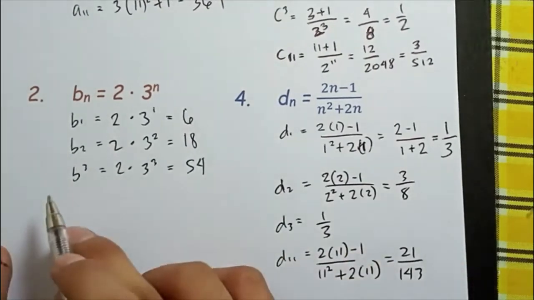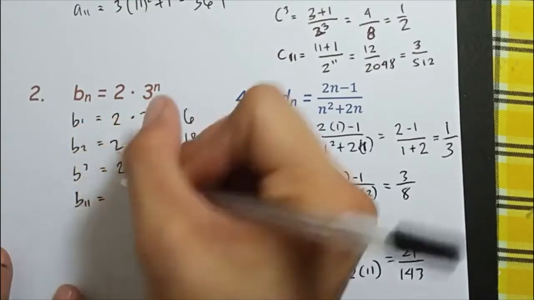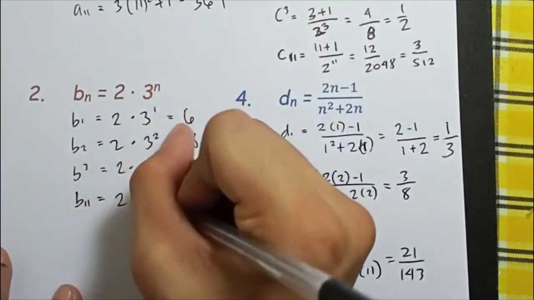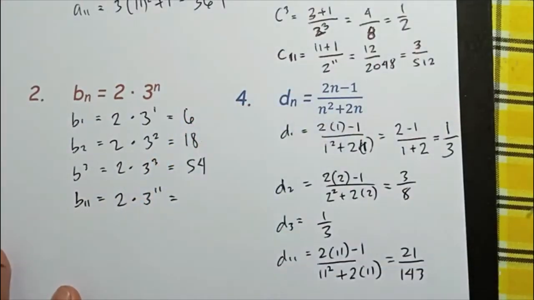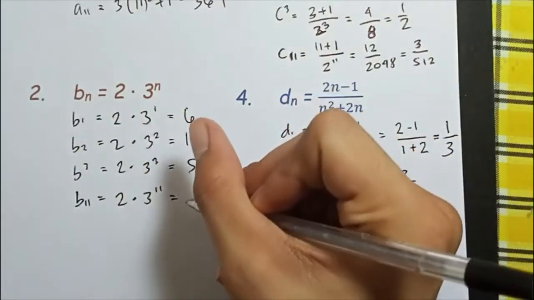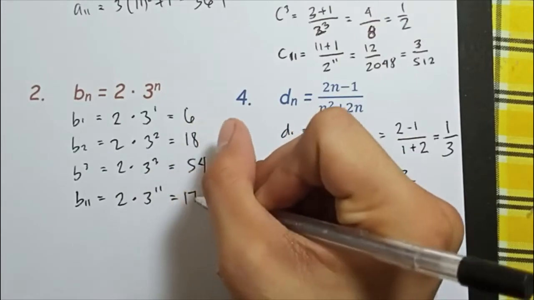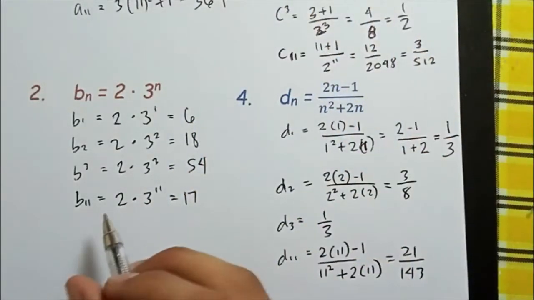May nakalimutan pala tayo. Ito, si b sub 11. So, b sub 11 is 2 times 3 raised to 11. Then, 3 raised to 11 is 177,147, times 2 pa pala.